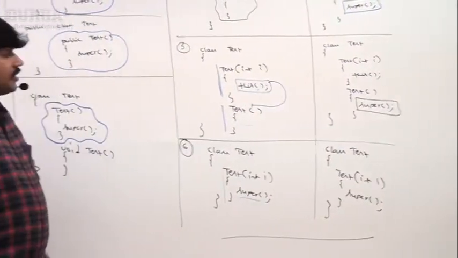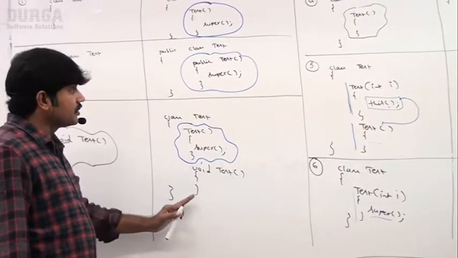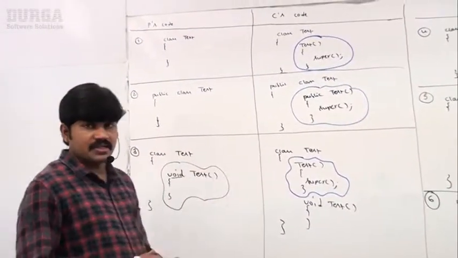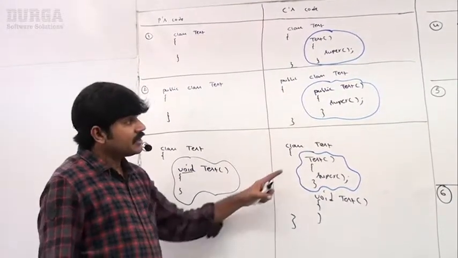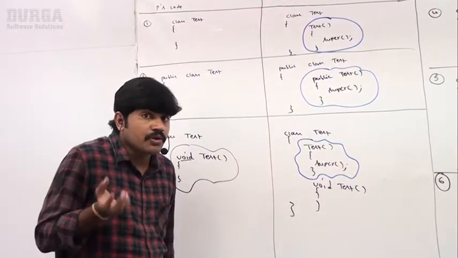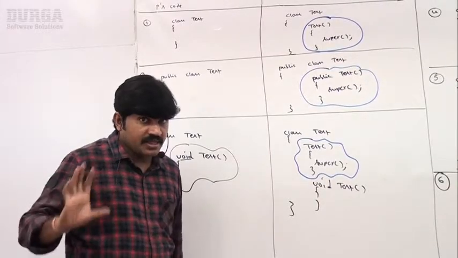Okay, that's it. Multiple scenarios about the default constructors, right? I hope all these things are documented clearly in our material. Just go through this so that you get much clarity. Clear for all of you, right?